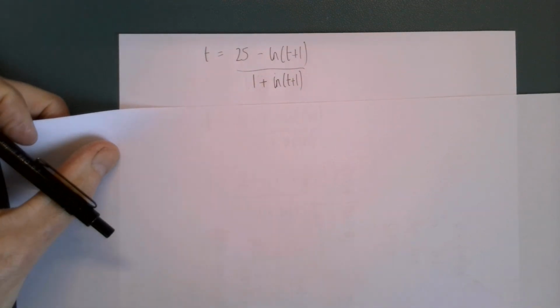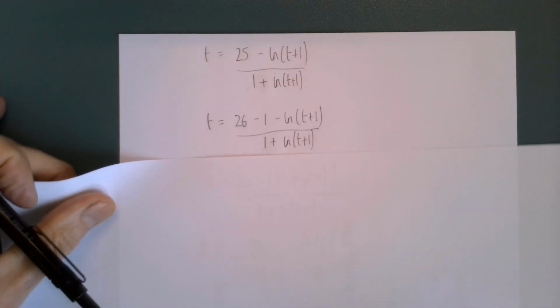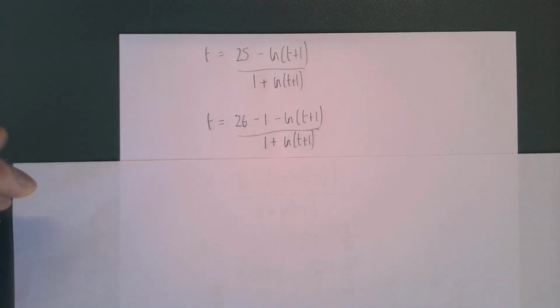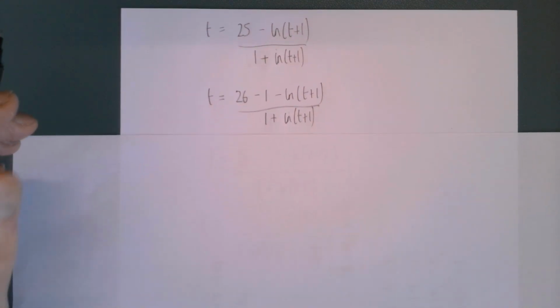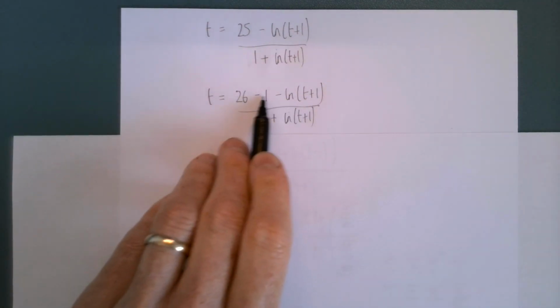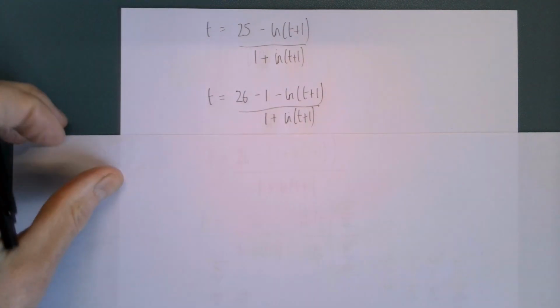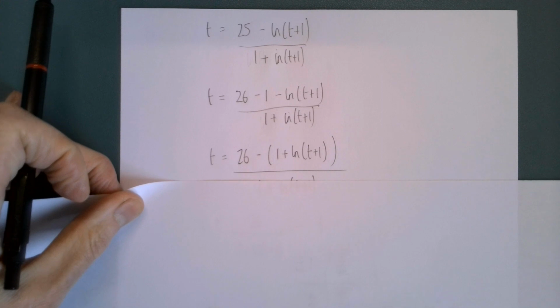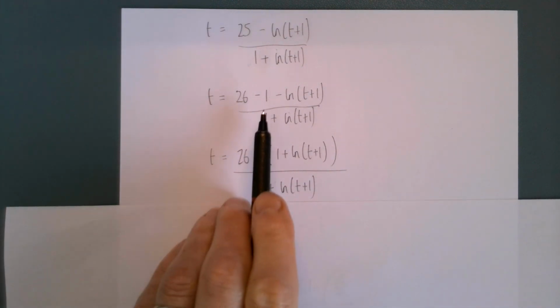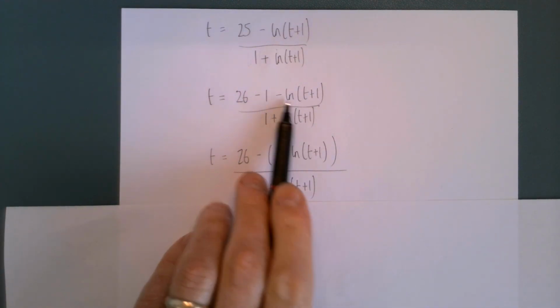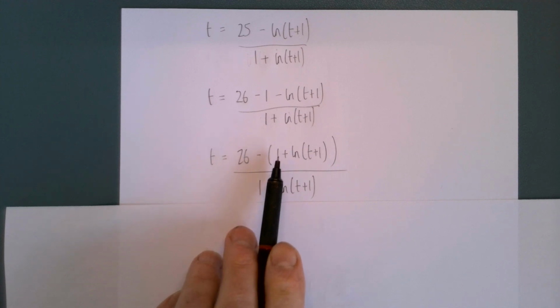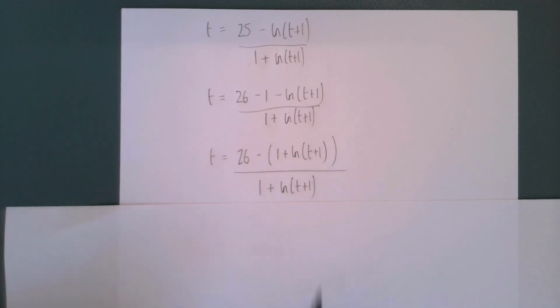Well, this is a trick, because all I'm going to do is write 25 as 26 take away 1. And then here's another trick. This is minus 1 times that, isn't it? So I'm going to write it like that. So minus 1 minus ln(t plus 1) is minus 1 times (1 plus ln(t plus 1)).